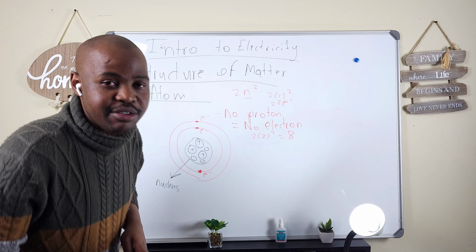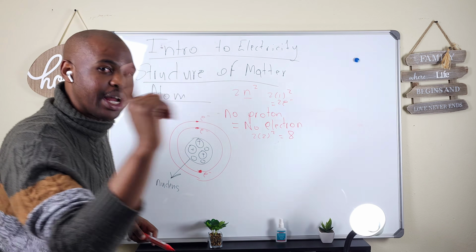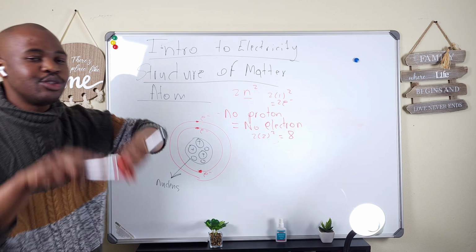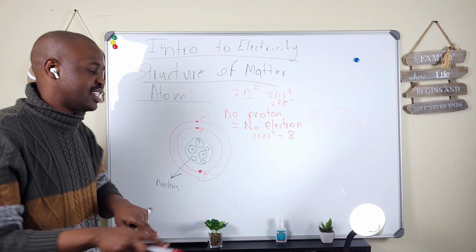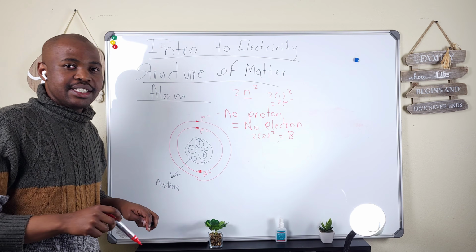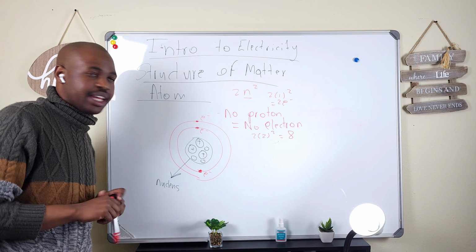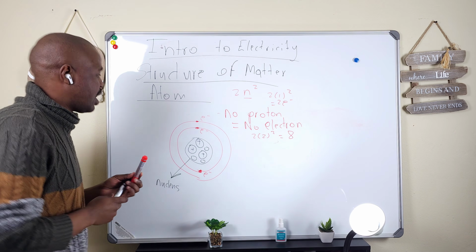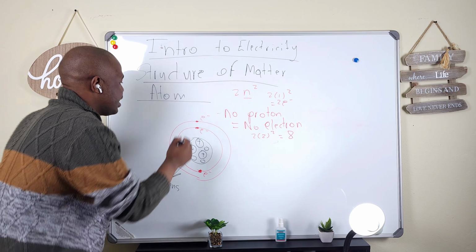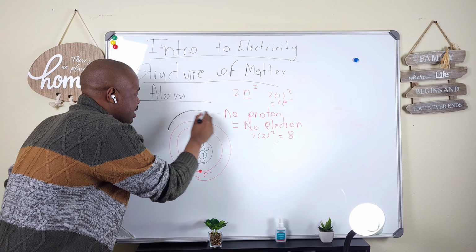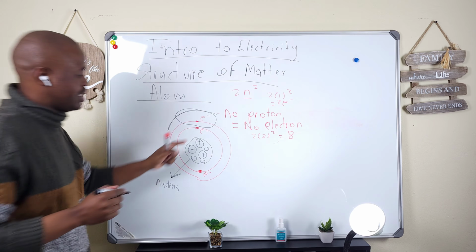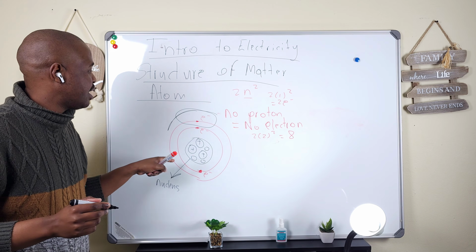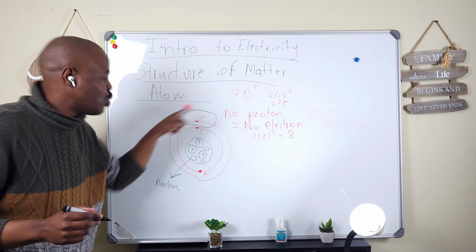We know that for hydrogen, there's only one proton. If the nucleus has one proton, we automatically know that is hydrogen. So guys, what is of importance to us as electricians is the electron that is orbiting in the last valence shell, in the last orbit, in the outer shell.